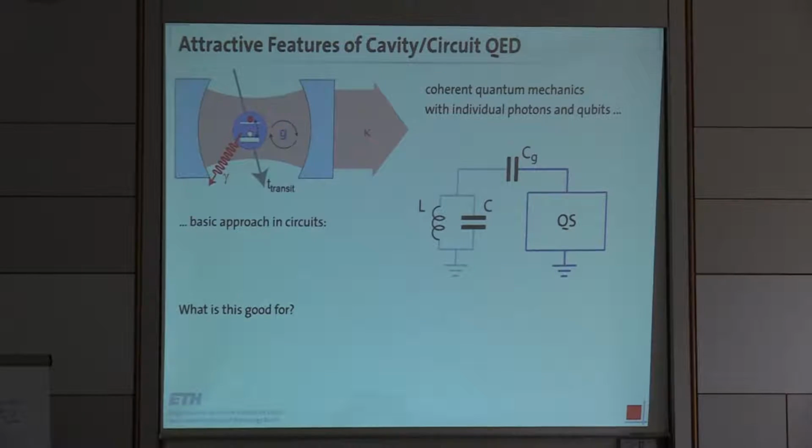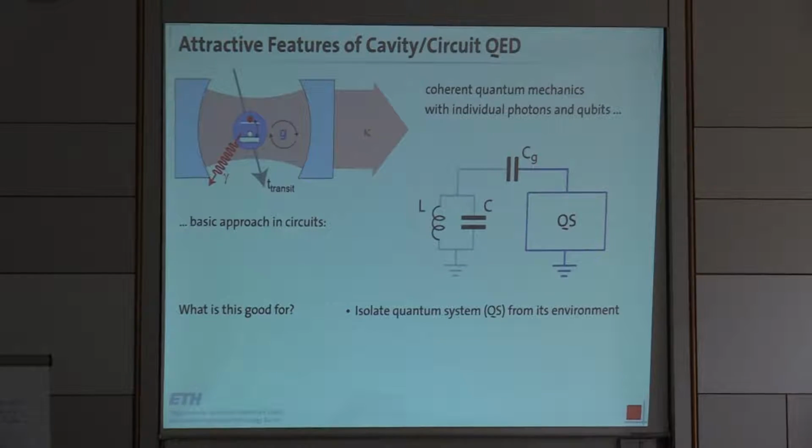Okay, so what could this be good for? First, it's good for isolating this quantum system, whatever it is, from its environment. If this quantum system has microwave frequency transitions, then those could couple resonantly to the excitations of this harmonic oscillator here. You can use the fact that you can tune the transition frequency of most of these quantum two-level systems, like superconducting qubits or semiconductor quantum dots.